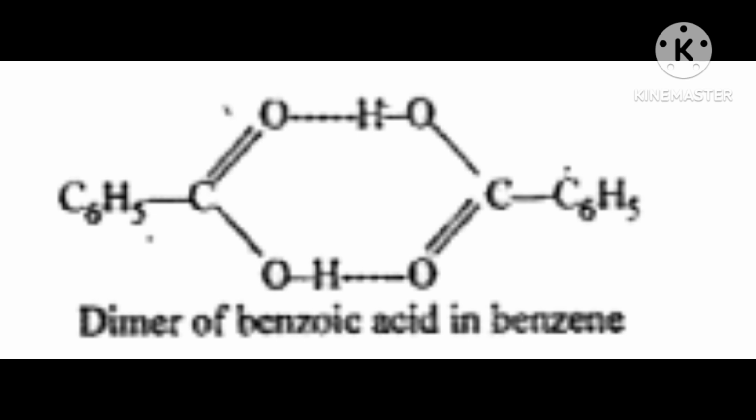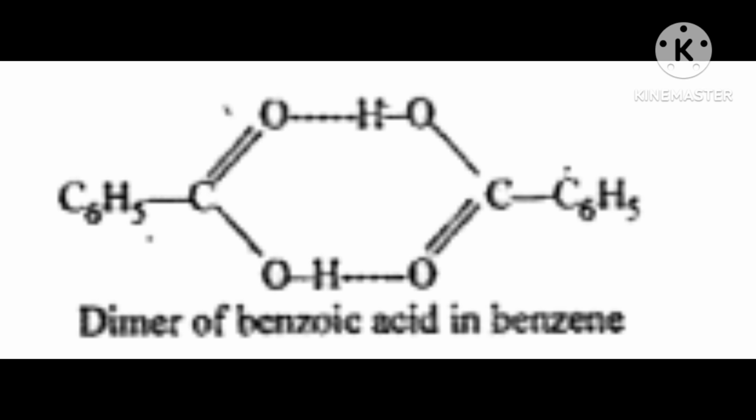Then the direct formula, molality. How will you calculate the Van 't Hoff factor? I already told you that the Van 't Hoff factor i is equal to observed freezing point divided by calculated freezing point.